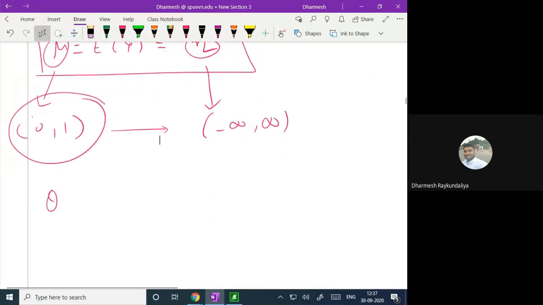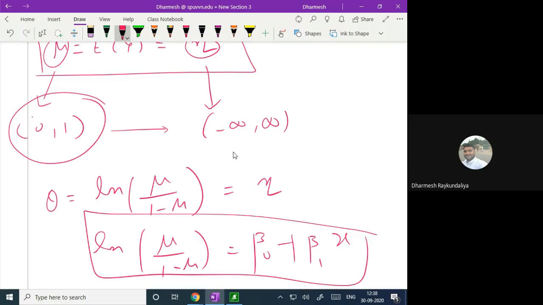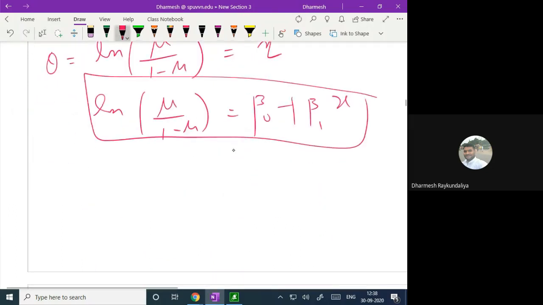So we say that theta equal to ln of mu upon 1 minus mu is now on a real line, so we can compare with eta, and that is nothing but our binary logistic regression model. Therefore mu is nothing but e raised to eta upon 1 plus e raised to eta. That is the probability of interest.